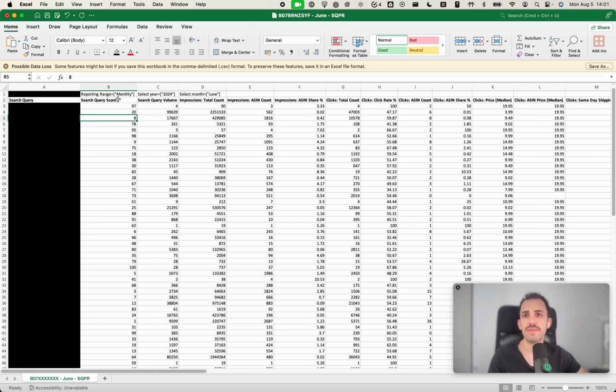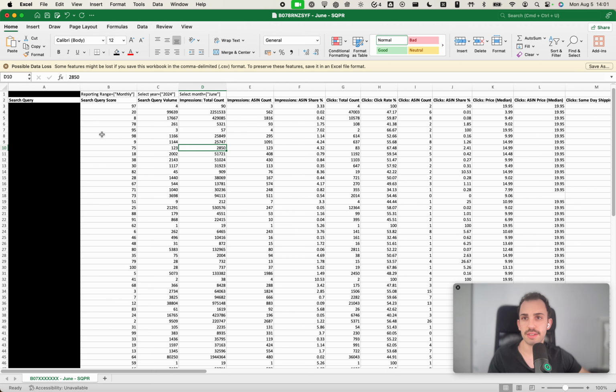But what we are trying to do here is we want to find out the keywords. By the way, the keywords are in column A, but again, this is an actual account with actual data and actual sales. So that's why this part is filtered, censored out, let's say.